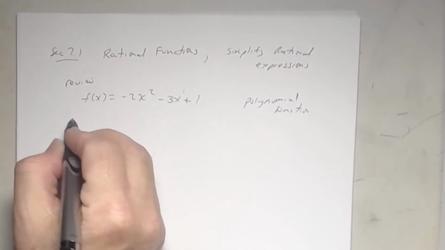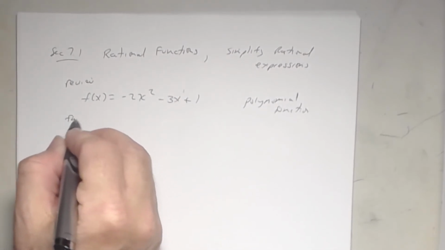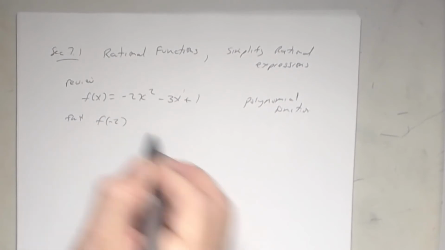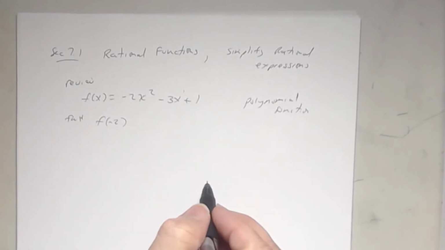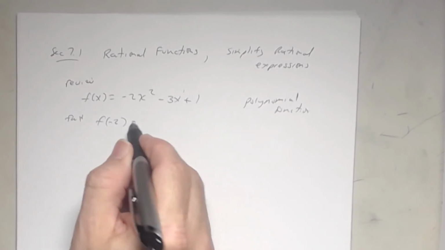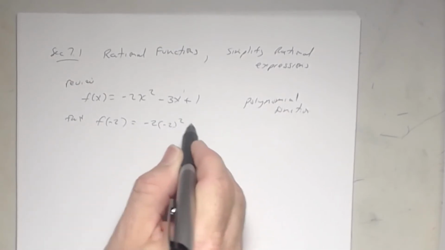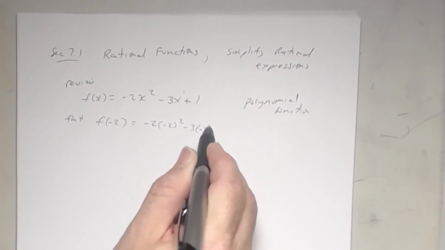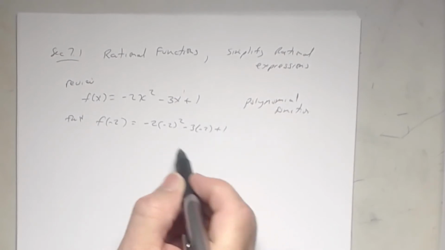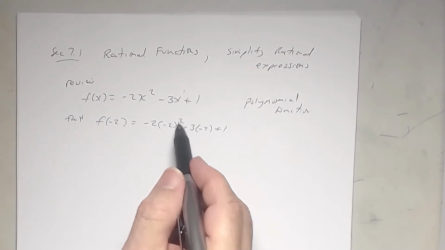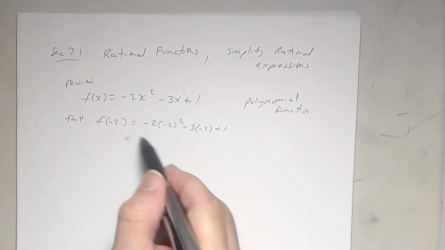On the previous test, you were asked to find f of negative 2. How'd you find f of negative 2? Plug in the negative 2. So you'd say negative 2 times negative 2 squared minus 3 times negative 2 plus 1. Then use the order of operations. Negative 2 squared is positive 4. 4 times negative 2 is negative 8.